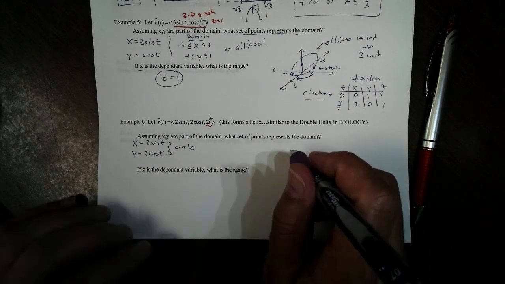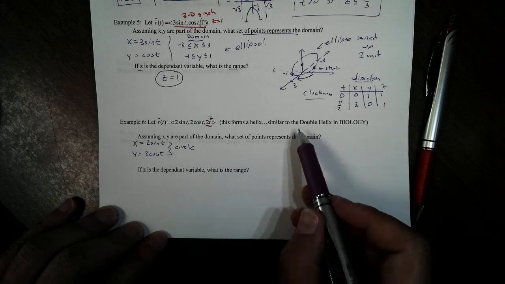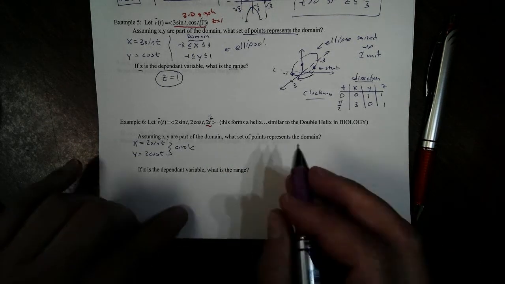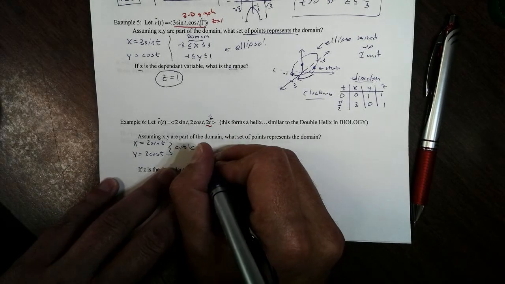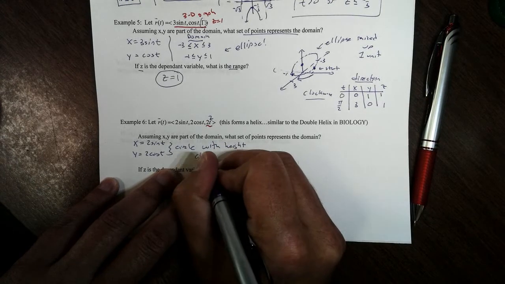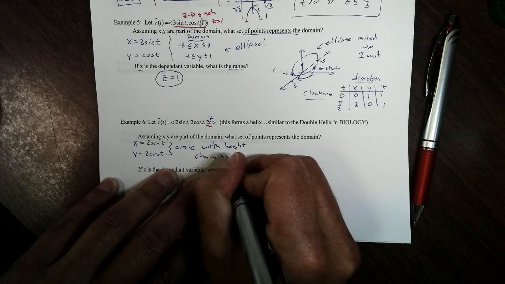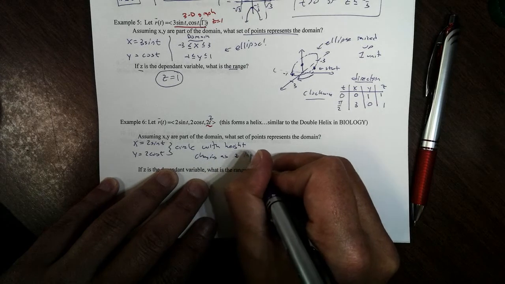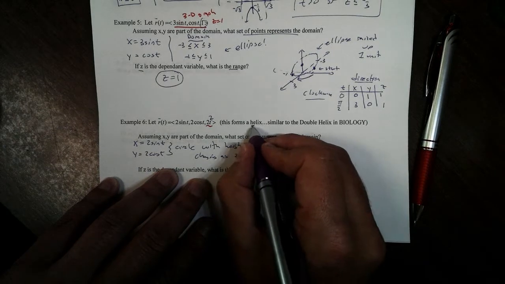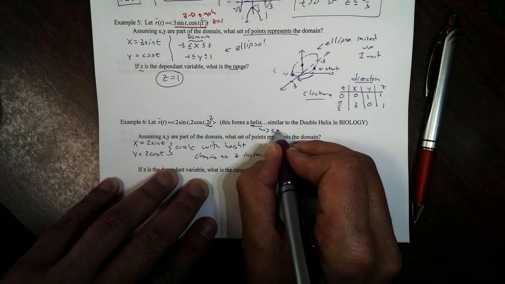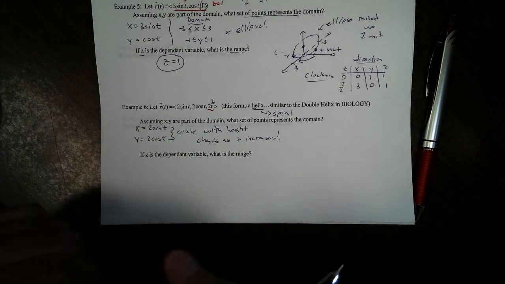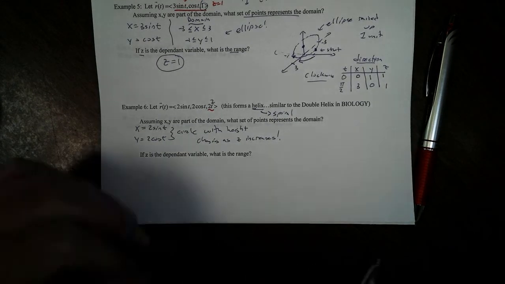So it's going to make a circle, but it's going to be lifting up as z increases, as t increases. Think of it like a slinky. So it's a helix. This is what we call a helix or spiral. We're going to see double helixes later on this year too, like you did in biology. Thank you, Watson and Crick.